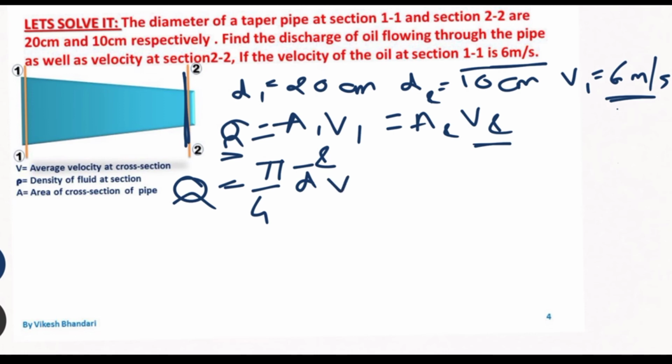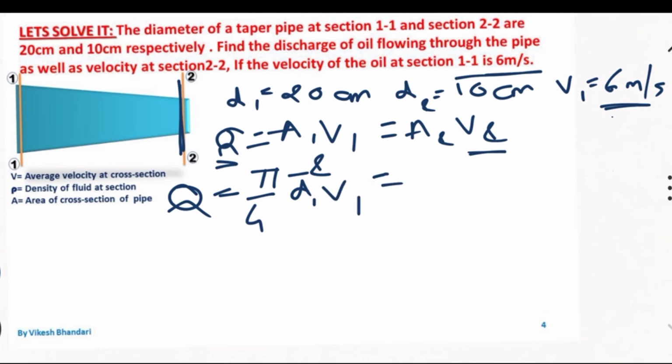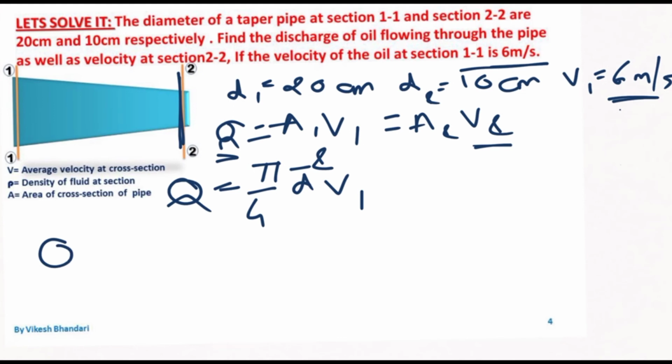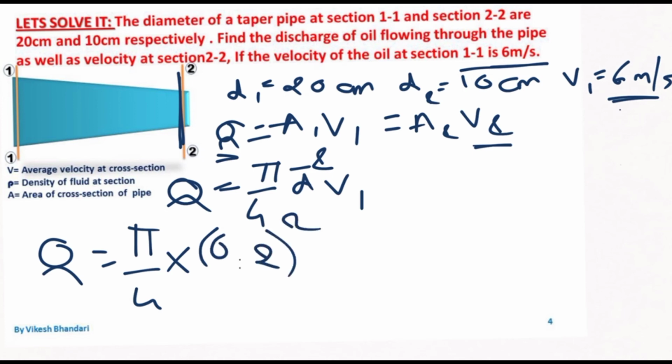Then what is A V1? Here we know the area of the circle is pi d square by 4. We substitute those values here. Q is equal to pi by 4 into d square. D is 20 centimeters, that means I will take 0.2 meter squared, and V1 is 6 meters per second.